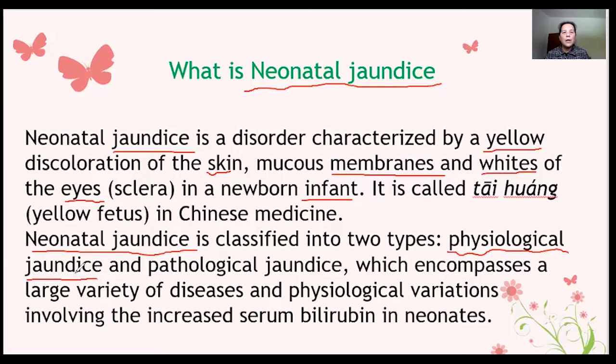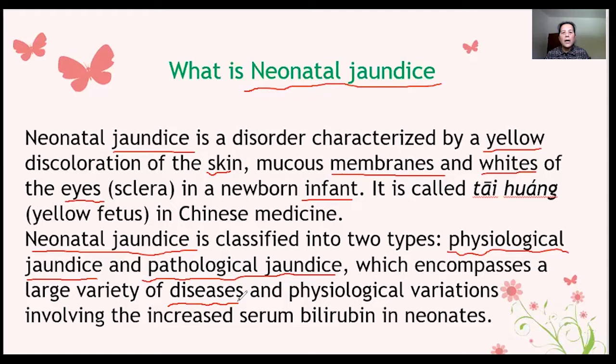It's not that severe a disorder. They will absorb it pretty fast. Another one is pathological jaundice. That truly is the illness related to the newborn baby. That basically includes different kinds of illness.